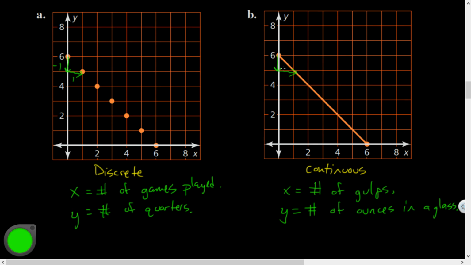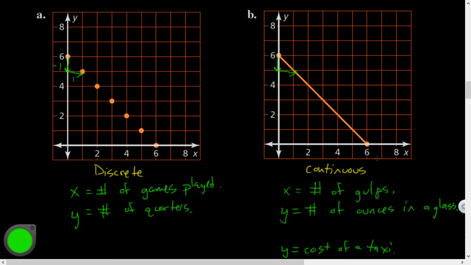A sample answer that the book gives is the cost of a taxi ride is the y value. Actually, wait a minute. That is 50 cents per mile plus a $2 fee. It runs along a 6-mile portion of the city.